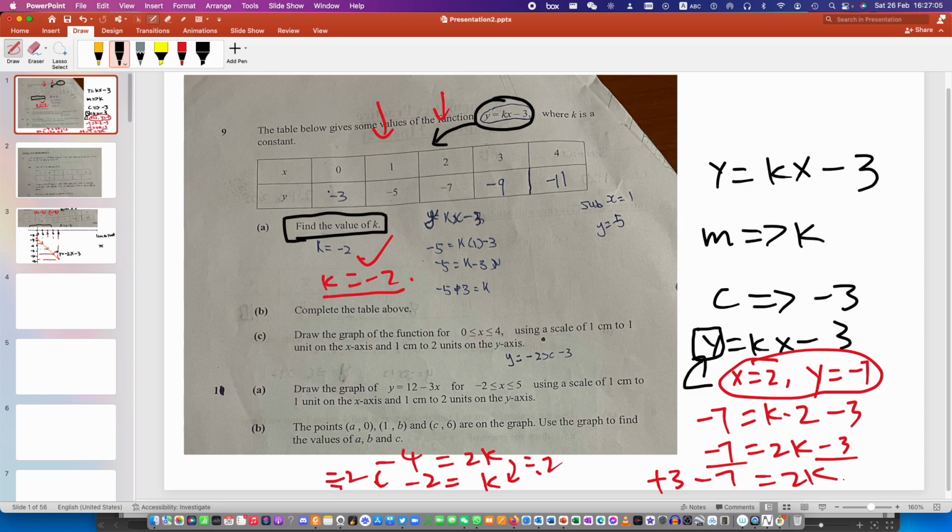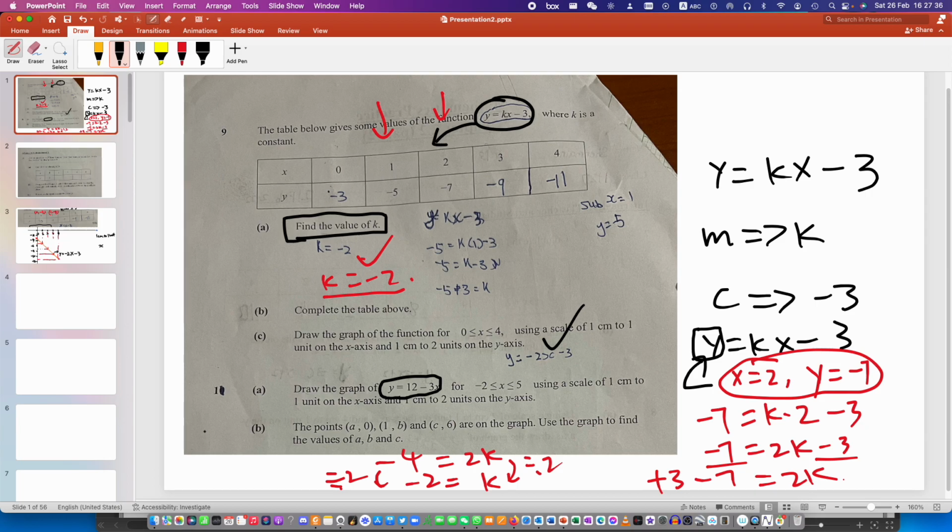This one is done already. How do you draw this one? Oh, this is another question already. Question 10. Can you draw this? First things first, is the scale correct or not? I want to see 1 cm to 1 unit for the x-axis, and I want to see negative 2 to 5.